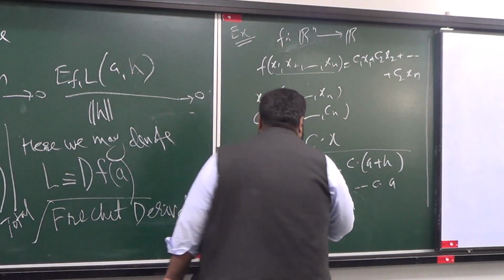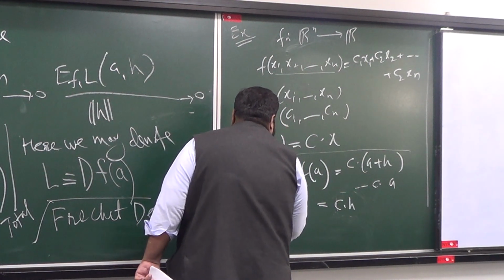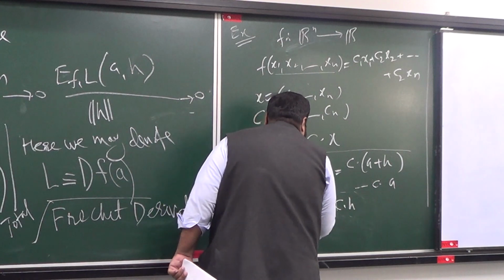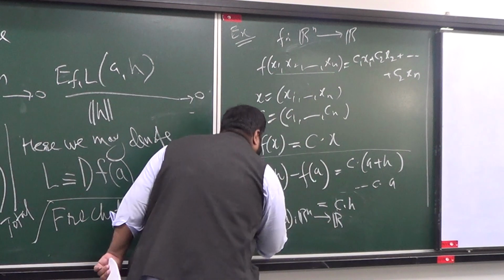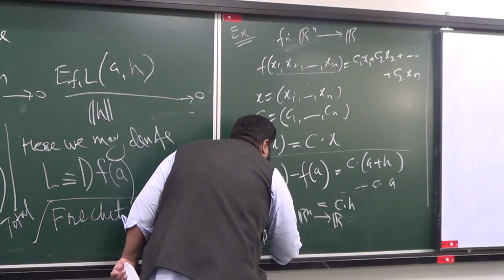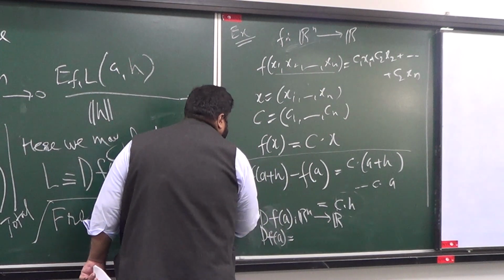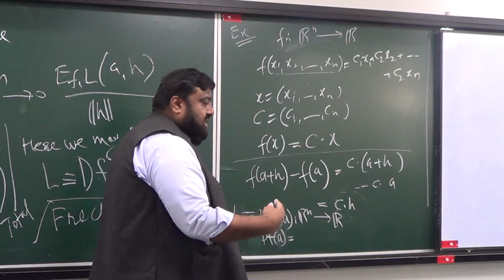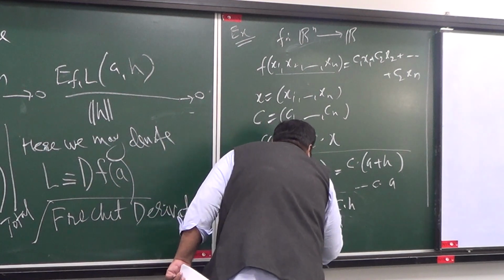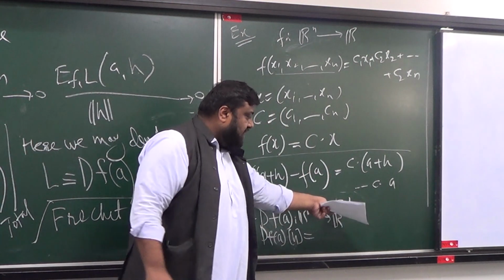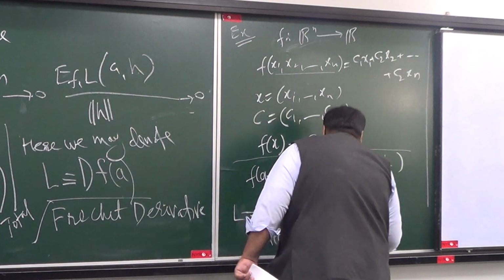So define df of a as a map from Rn to R such that whenever df of a, or L, it doesn't matter, is mapped onto some h, it gives me what? I want to give this definition to it: c dot h.